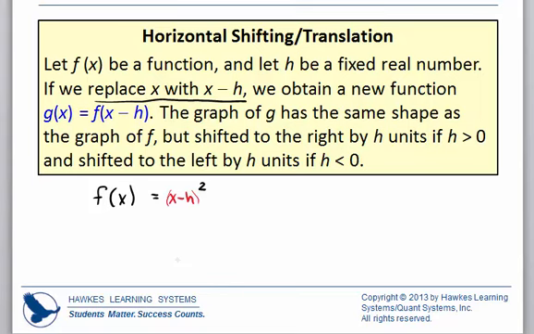Then the graph is going to shift to the right h units, and likewise, if we had taken our original function x squared and we erase the x, and in its place we put x plus h, then that would cause the graph to shift to the left h units.